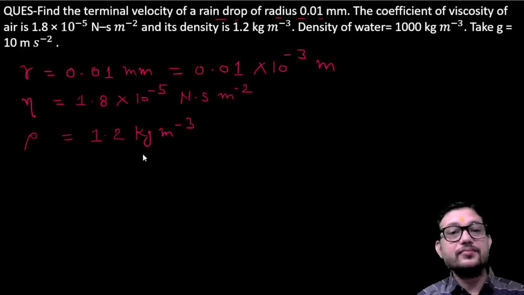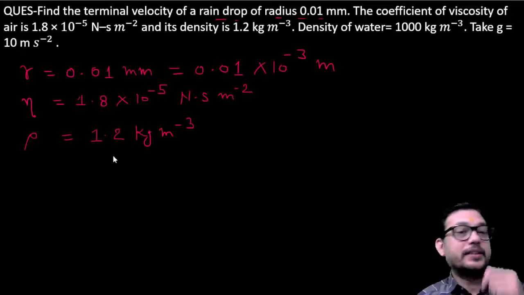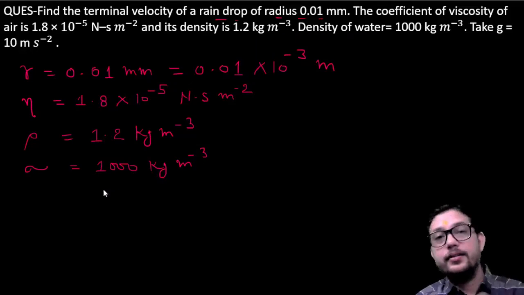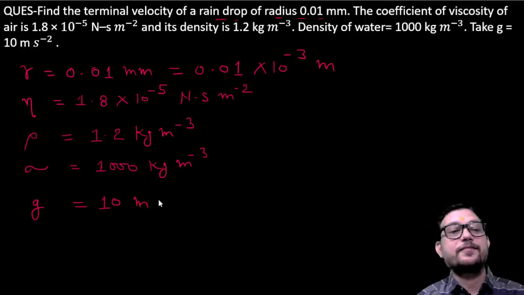Okay, the density of water, meaning the raindrop, is basically the body, so it will be sigma, and sigma will be 1000 kg meter inverse cube. Okay, and it is given that you have to take small g, and the value must be taken as 10 meter second minus 2.